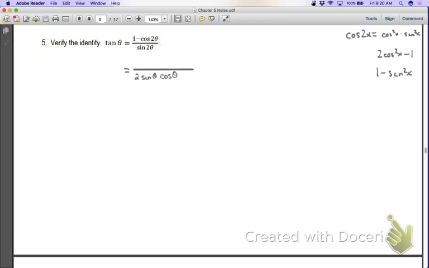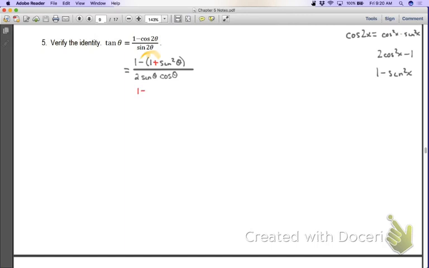So if I pick the third one, I have 1 minus 1 minus sine squared theta. What's going to happen with that negative? Distribute, so that's going to make that a plus.